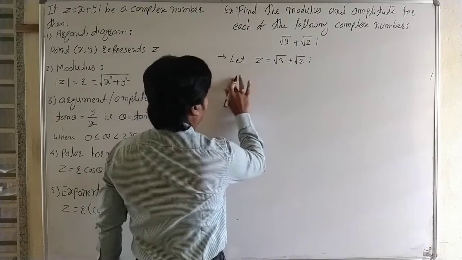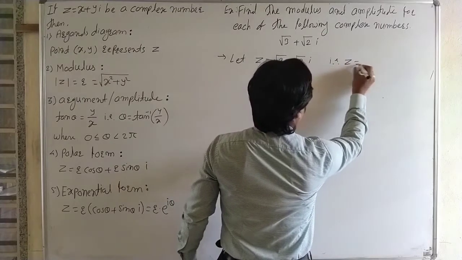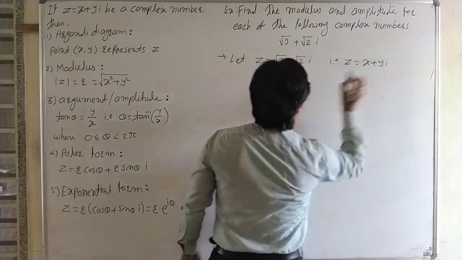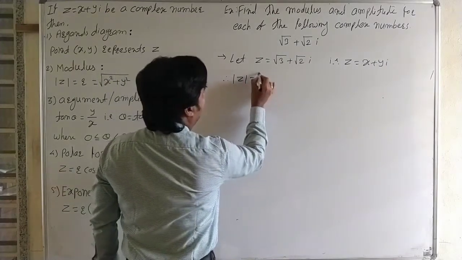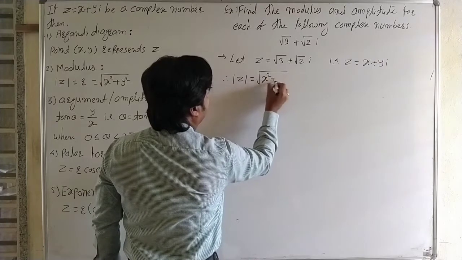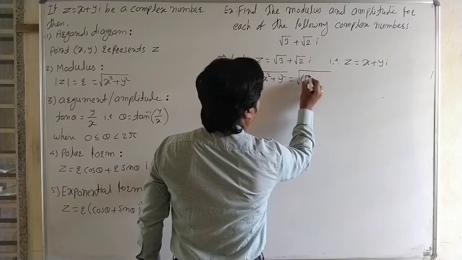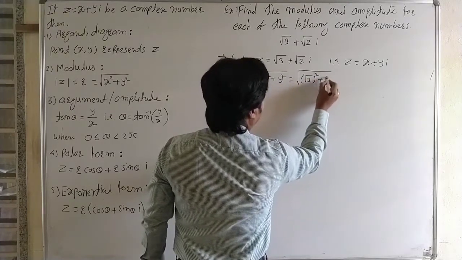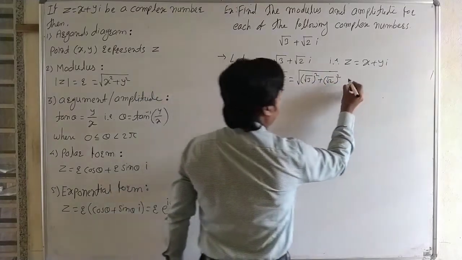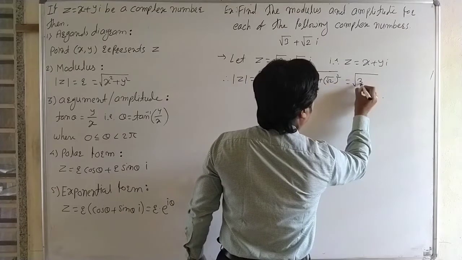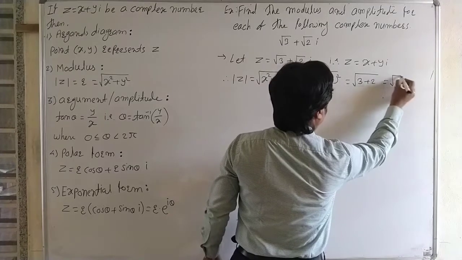Therefore, here z is equal to x plus yi. Therefore, modulus of z is equal to under root of x square plus y square, and it is under root of under root 3 square plus under root 2 square, that means under root of 3 plus 2, and it is 5, under root 5.